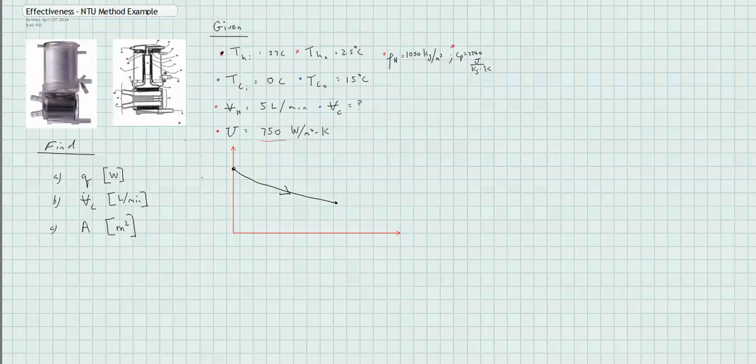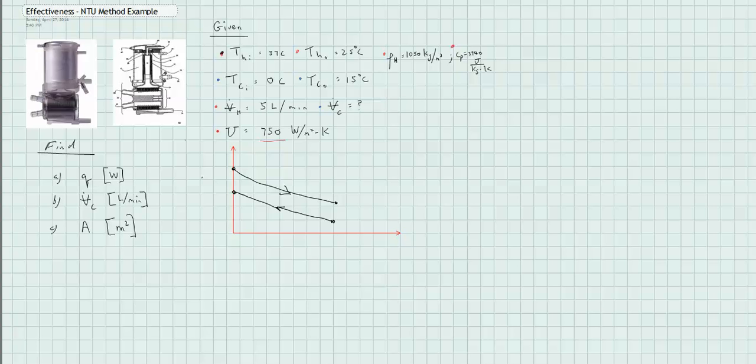And the problem assumes, although not carefully stated, that the flow in this particular problem is cross flow. So we usually consider that counterflow. That's how it's depicted here.